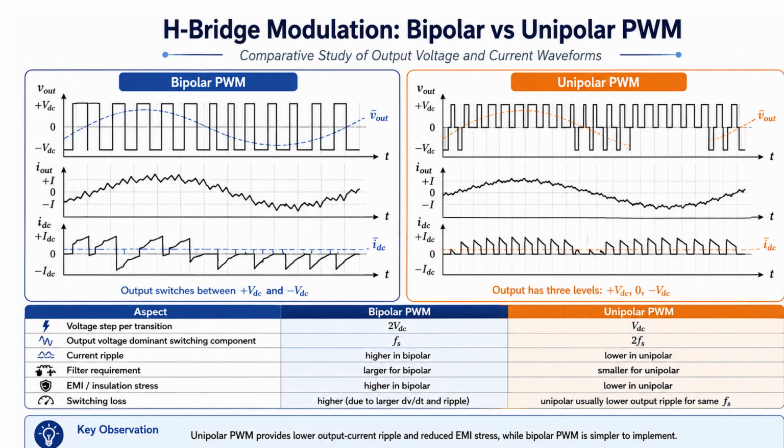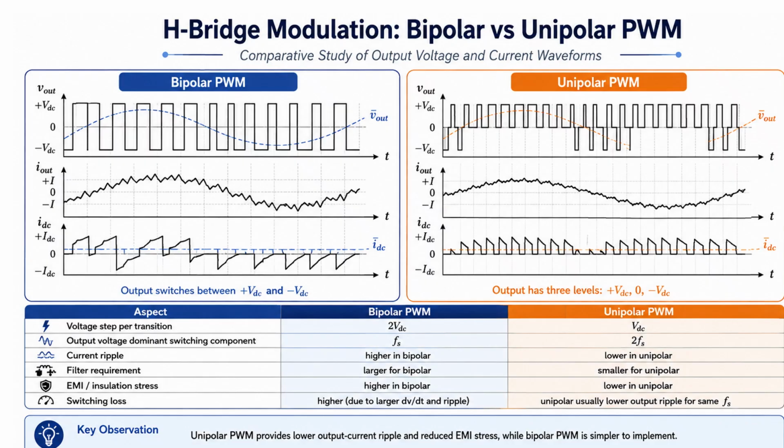Now we will see the difference between bipolar and unipolar. In the case of bipolar, the output voltage switches between positive and negative continuously. For unipolar, it is positive, 0, continuing like that, then after one cycle it is negative, 0, negative, 0. This is the difference between unipolar and bipolar.